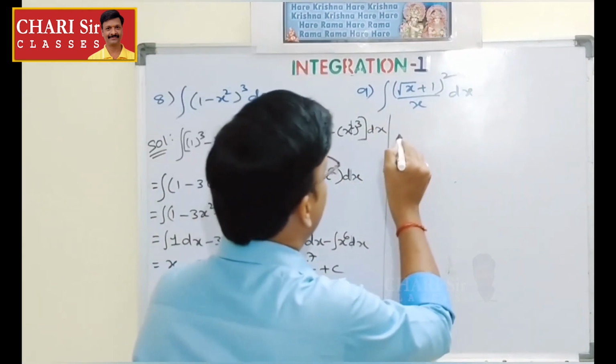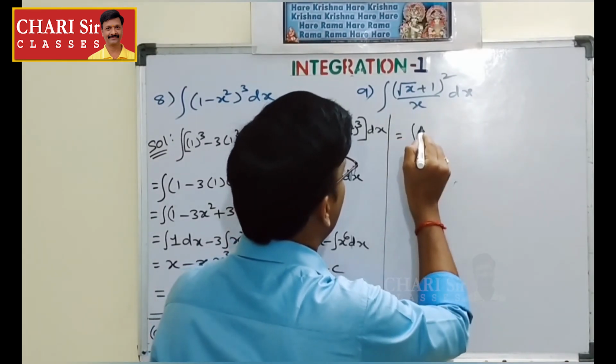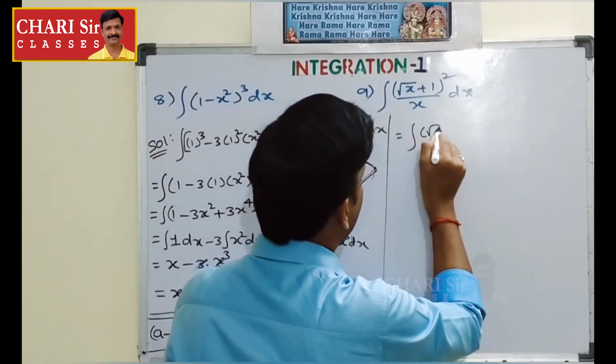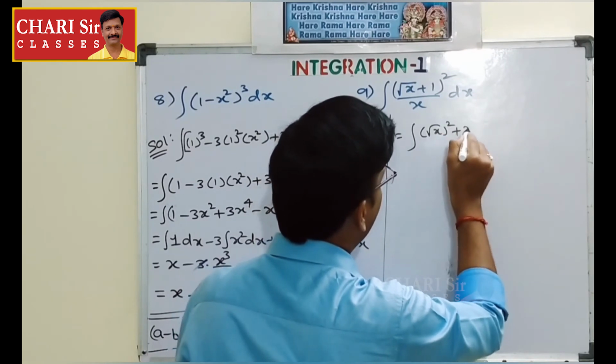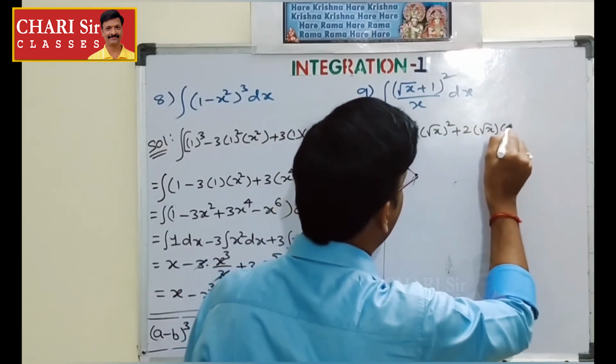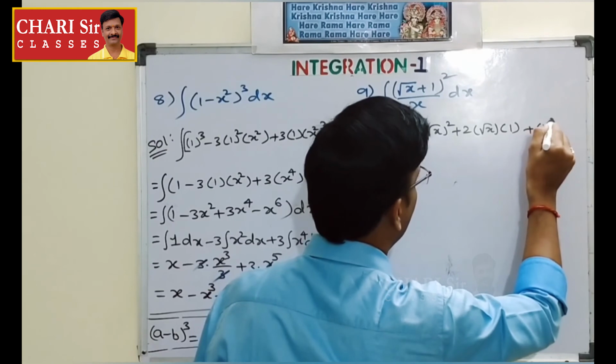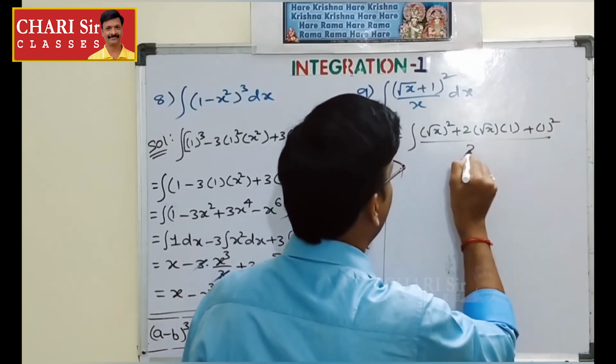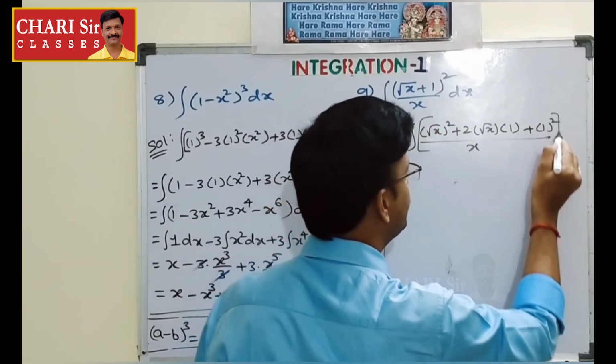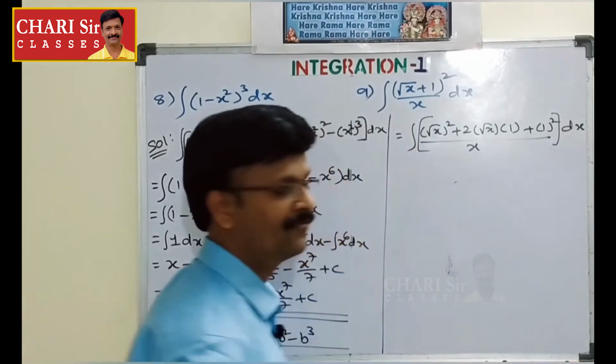So here this can be written as integration of root x whole square, which means a square, plus 2ab, 2 into root x into 1, plus b square, that is 1 whole square, total divided by x for this whole dx. Common integration for everything.